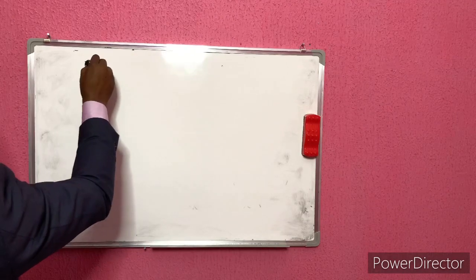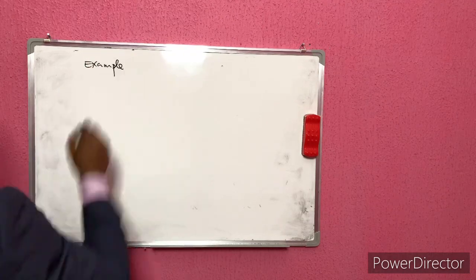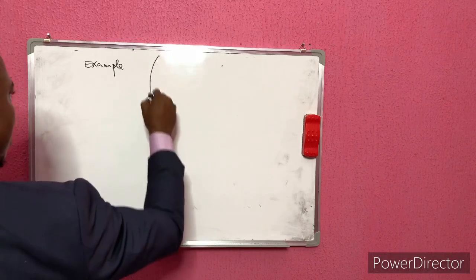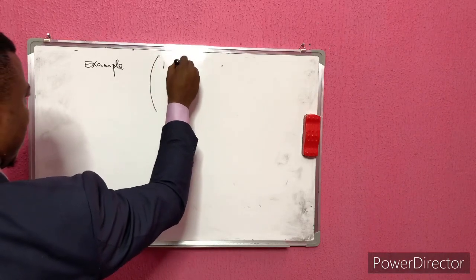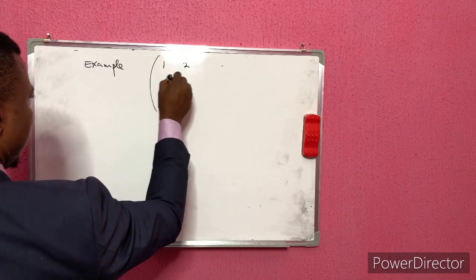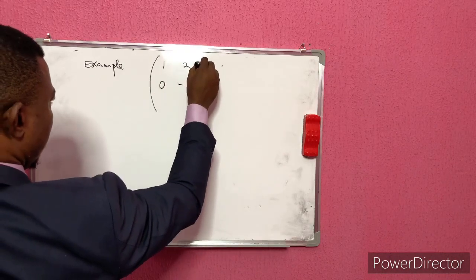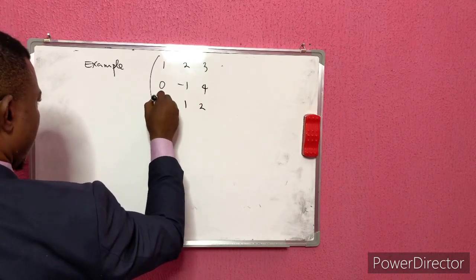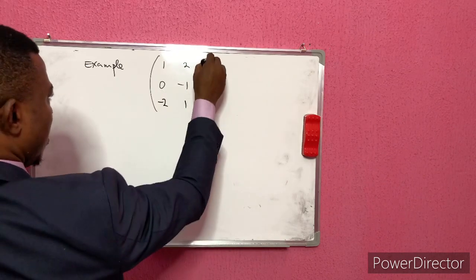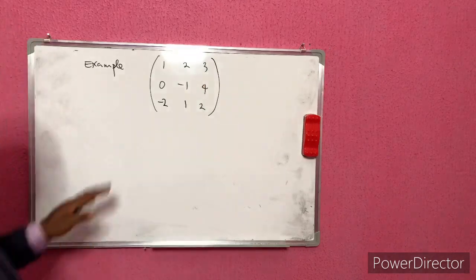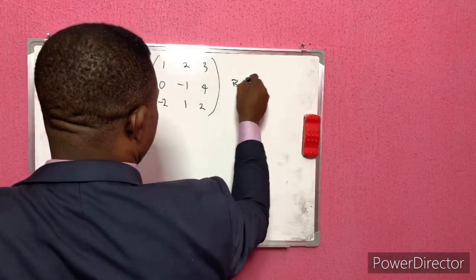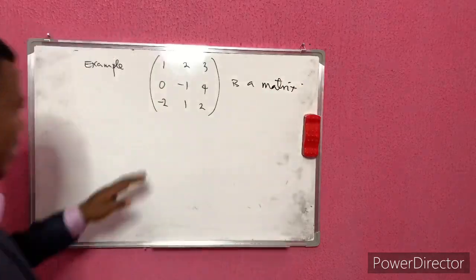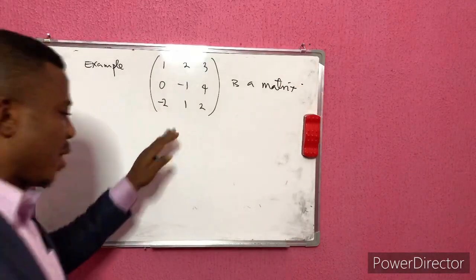Example: this is a matrix. This is an example of a matrix.